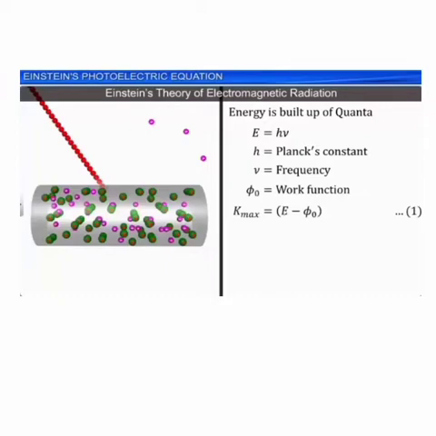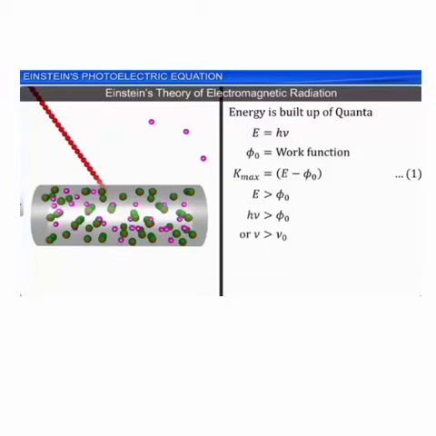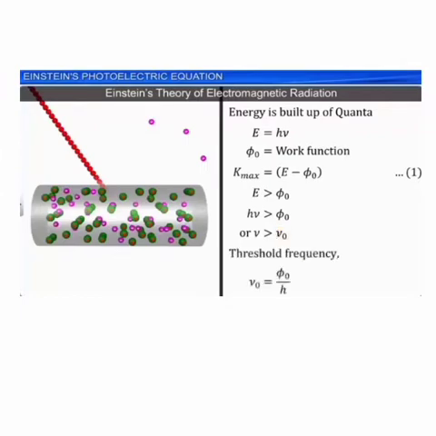Since kinetic energy cannot be negative, we have E greater than phi naught for photoelectric emission, and since E is equal to h nu, we have h nu greater than phi naught, or nu greater than nu naught, where nu naught is the threshold frequency of the metal, equal to phi naught by h.